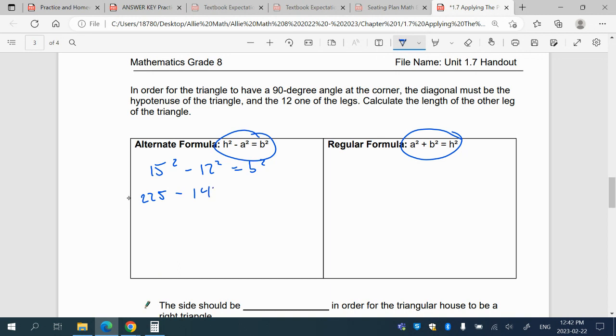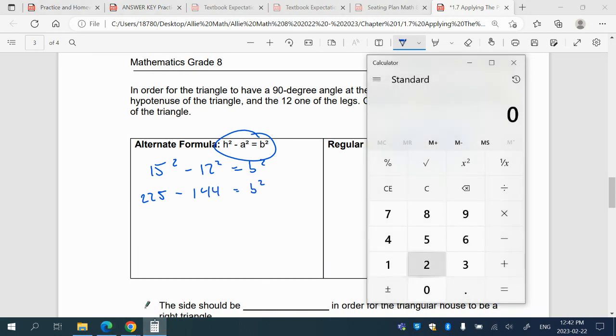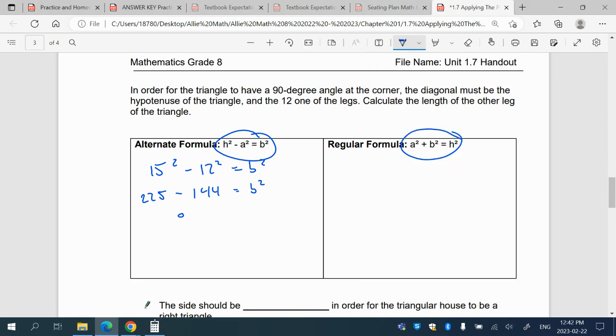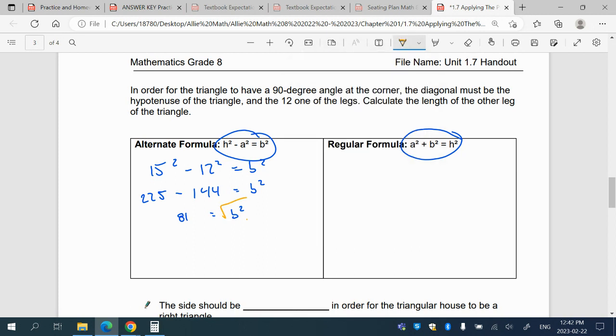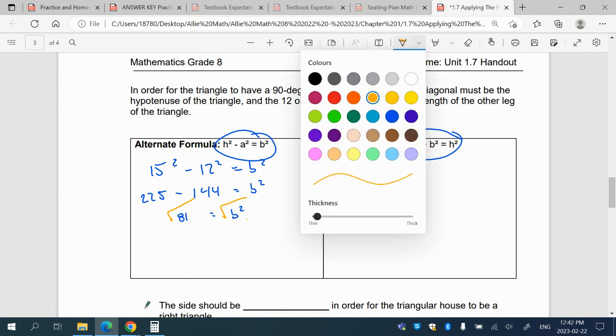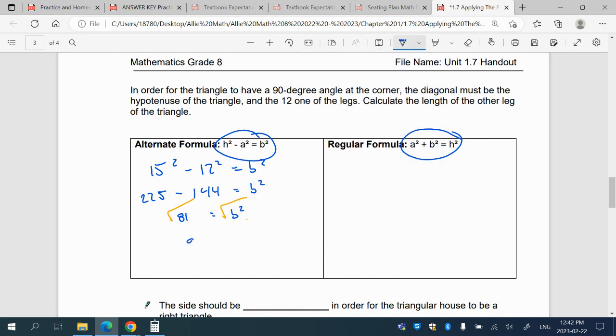Subtract 144 equals b squared. Let's do 225 subtract 144. That equals 81, b squared. Then we need to take the square root of each of them. The square root of 81 is 9. So we know that 9 equals b. So 9 equals b. And I'll show you the other way.